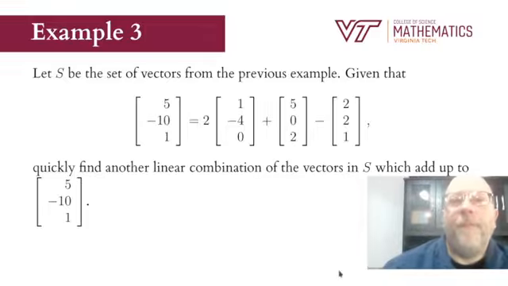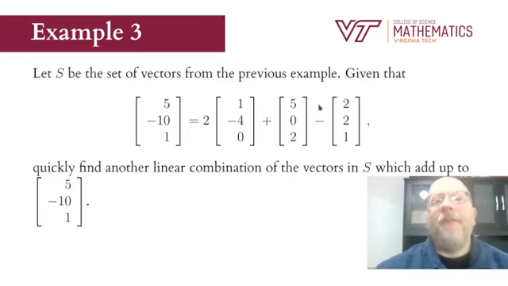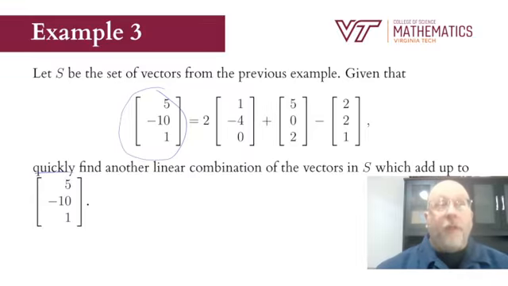In this example, we have the same vectors that we had before. And this is a linear combination that doesn't add up to 0. It adds up to 5, -10, 1. And so we want to quickly find another linear combination of the vectors that add up to 5, -10, 1. We can slowly do this by row reducing and finding the free variable and parameterizing the system and everything like that.